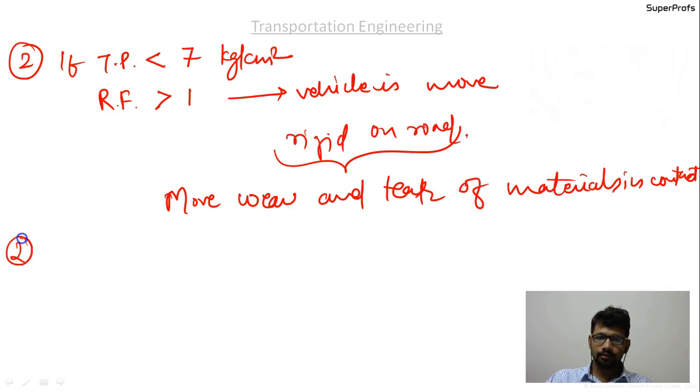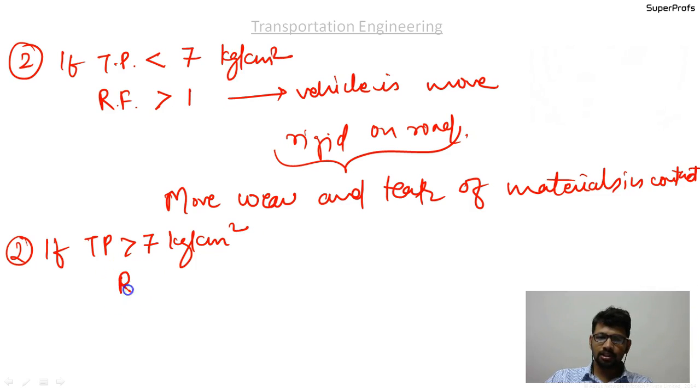And whenever tire pressure is greater than 7 kg per centimeter square, the rigidity factor is less than 1, okay. Ideally, not as per IRC, but ideally it is desirable to maintain the tire pressure at 7 kg per centimeter square, that is 0.7 MPa, okay.